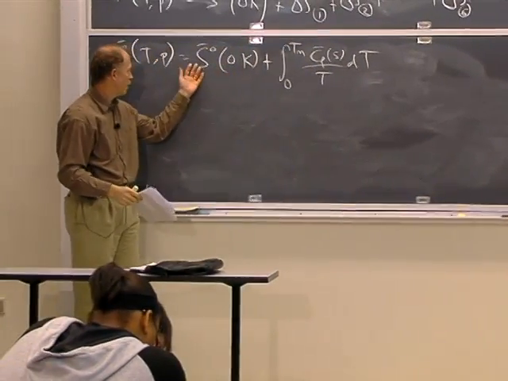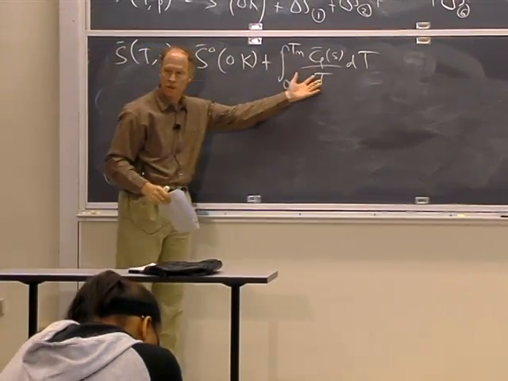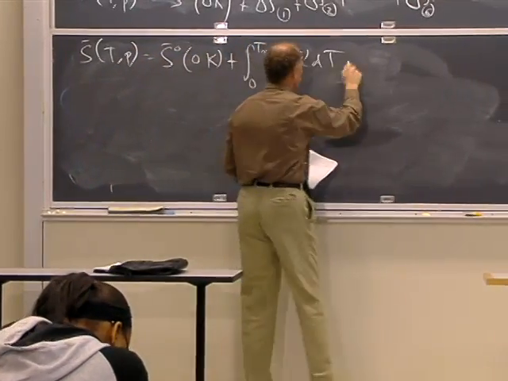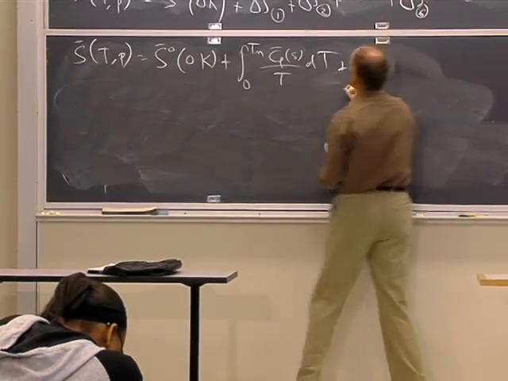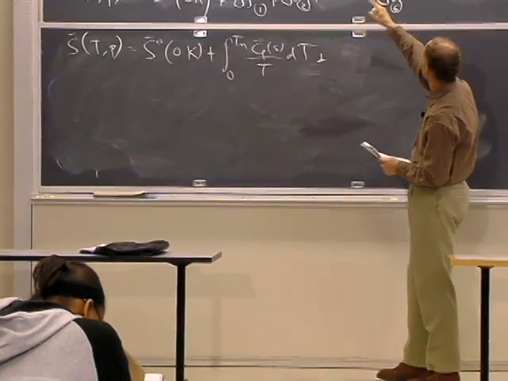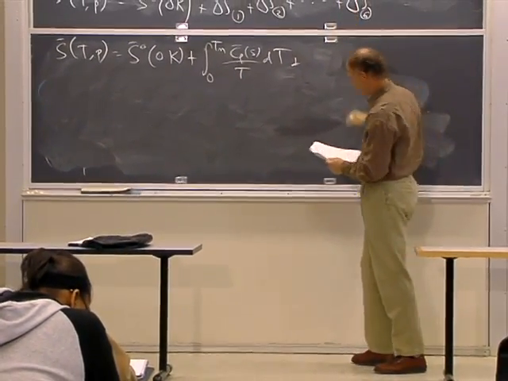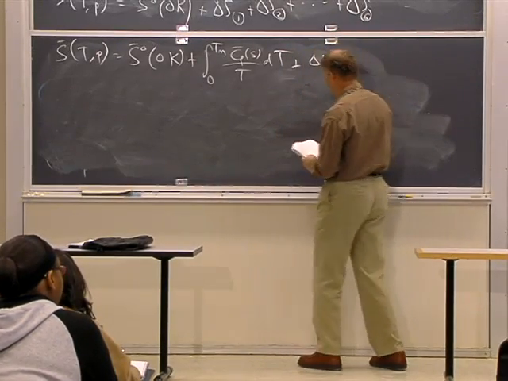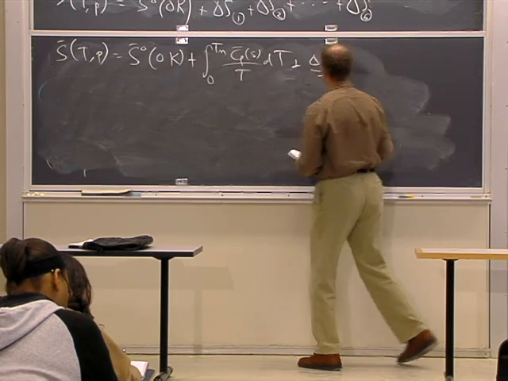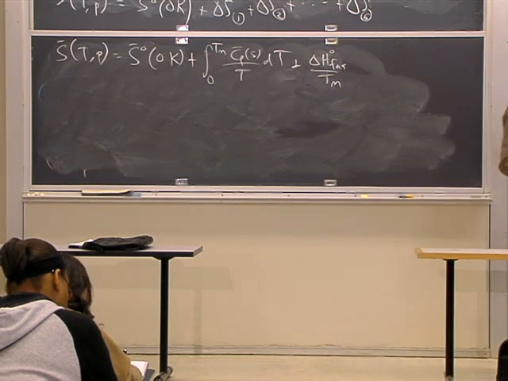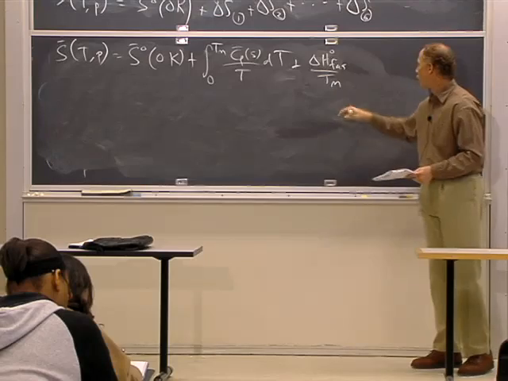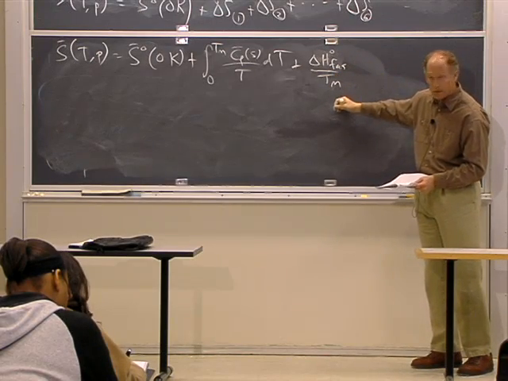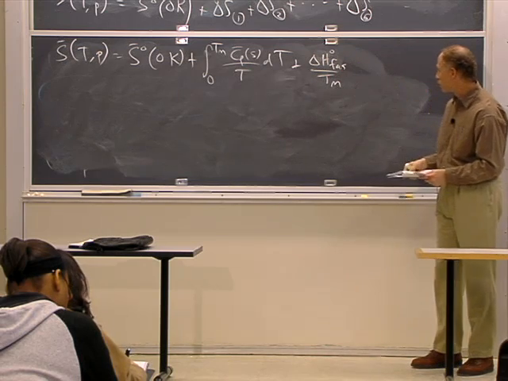We can calculate delta S for heating something up. Plus, now we've got the heat of fusion to melt the stuff, so it's just delta H naught of fusion divided by Tm. We saw that last time. Remember, we're just looking at Q reversible over T to get delta S, and it's just given by the heat of fusion.